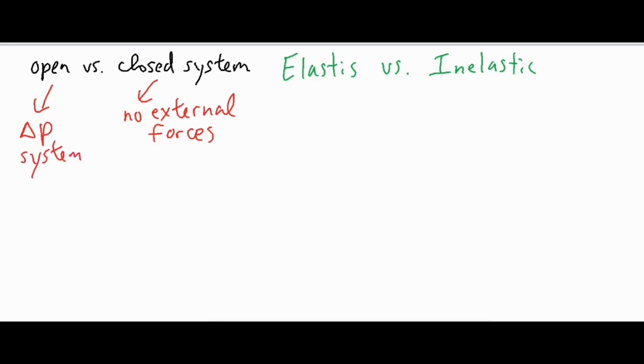So typically when you're taking a look at a collision problem, it's something like this, where the total momentum before the collision equals the total momentum after the collision. Now, two large categories for collisions are elastic and inelastic.